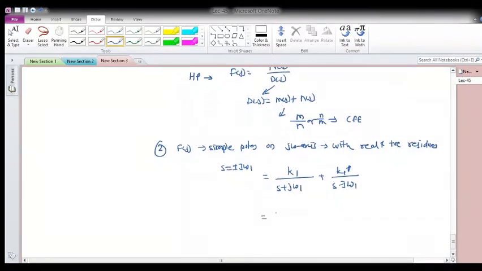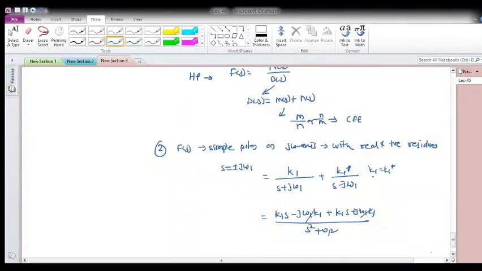These are residues when and only when k1 is equal to k1 conjugate. So if you solve, it will be k1 times (s minus j omega 1) plus k1 times (s plus j omega 1), over s square plus omega 1 square.